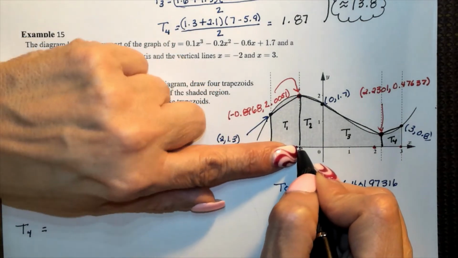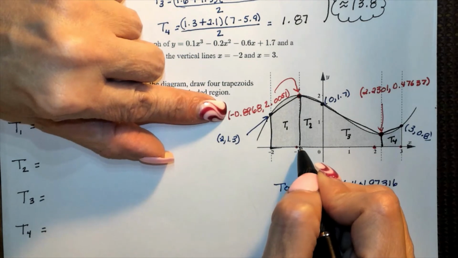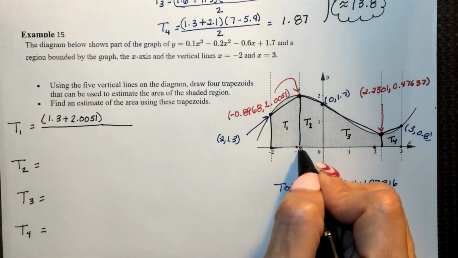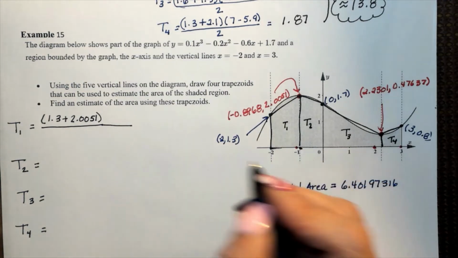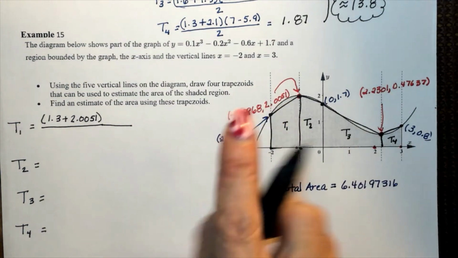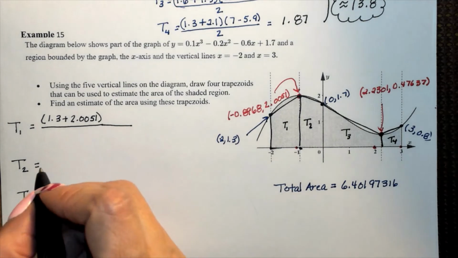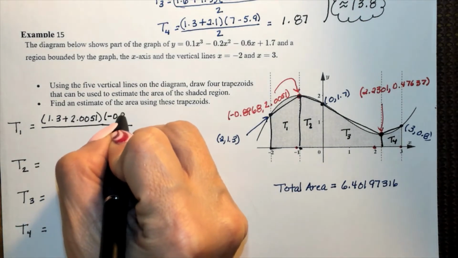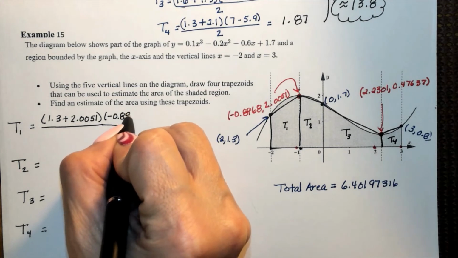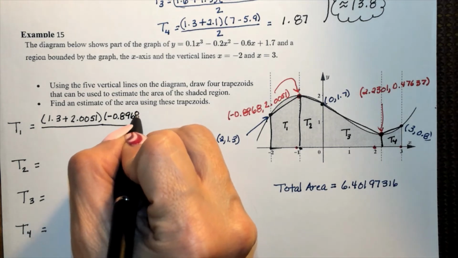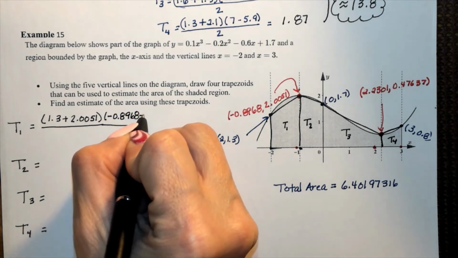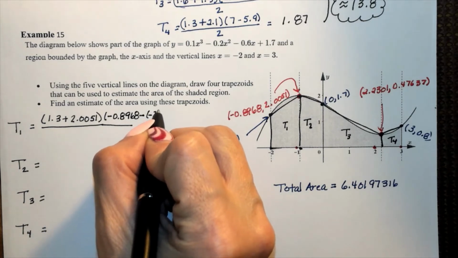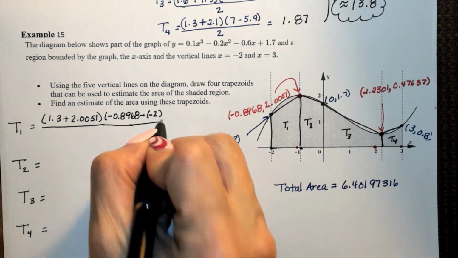Now remember, that's not 1, that's negative 0.8968. So what I'm going to do is say that number right there because it's the furthest one over. So I'm going to say negative 0.8968 minus, because remember we want to subtract off, but we're subtracting off a negative 2, right?